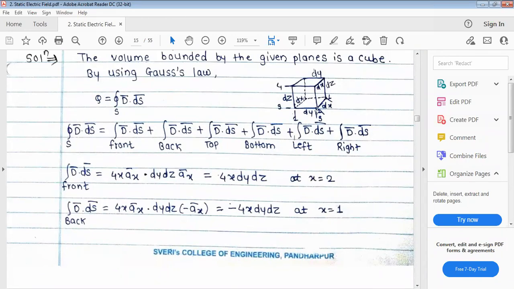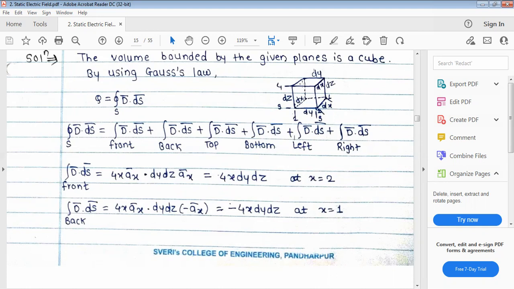for this front side, if you can see my pointer, this is your front side, where the perpendicular vector is a bar x, which is in the positive x direction. D bar is the given equation, then D bar dot dS bar.